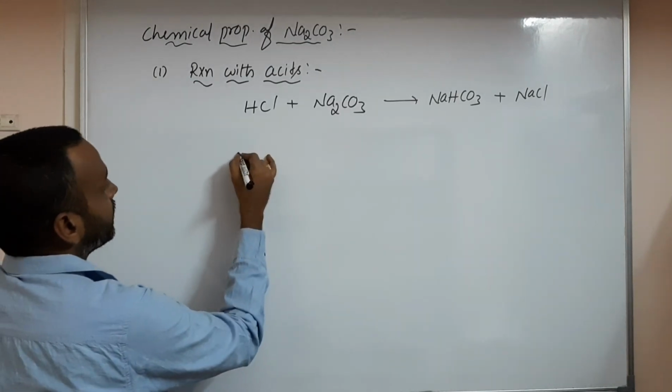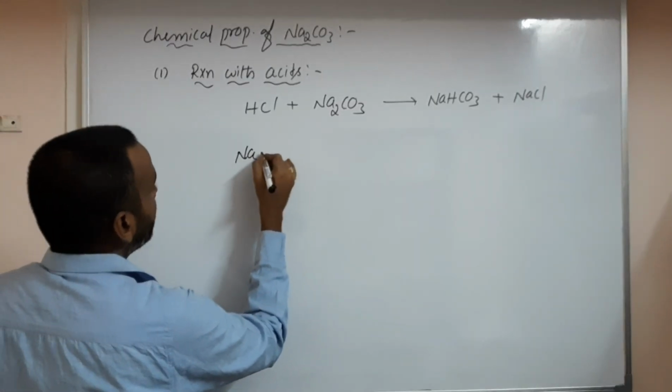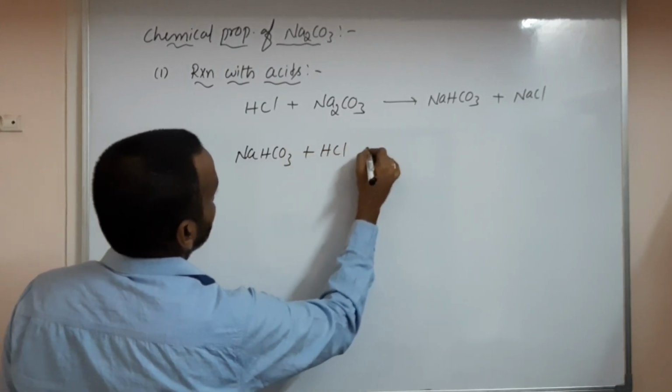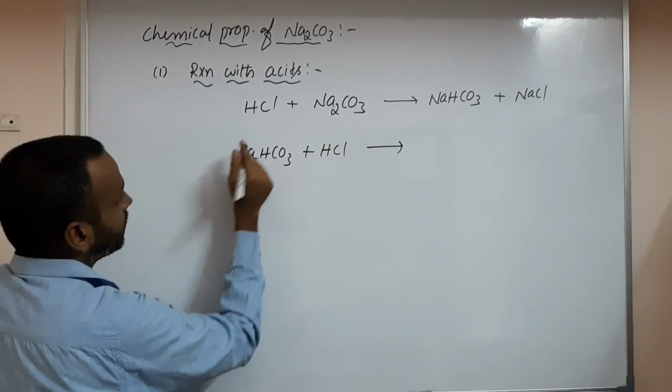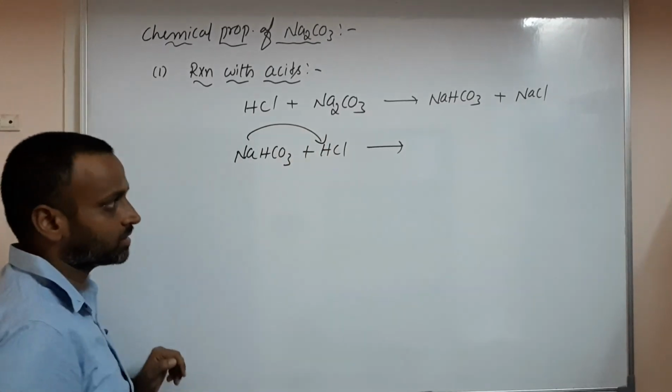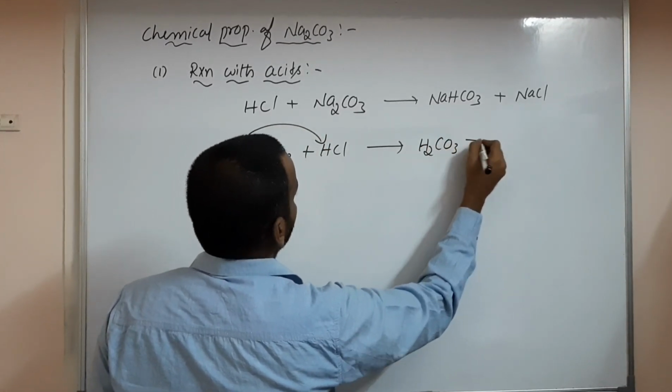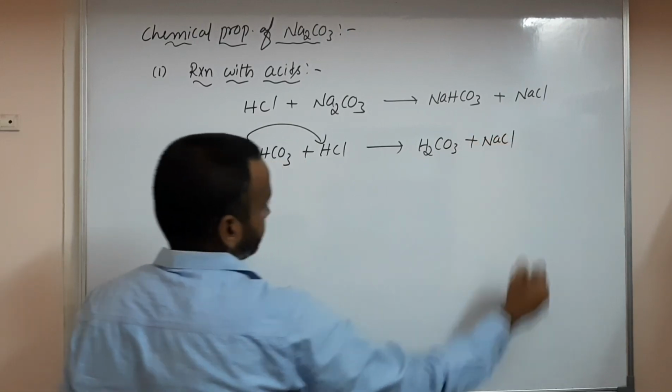Now this can react again. NaHCO3 again reacts with HCl. Then you will get what? As I said, again sodium replaces hydrogen from the acid. Then you will get H2CO3 plus NaCl again.